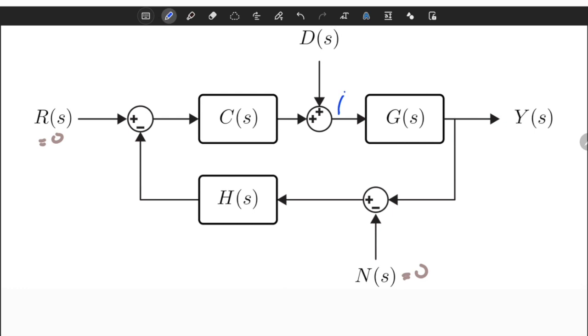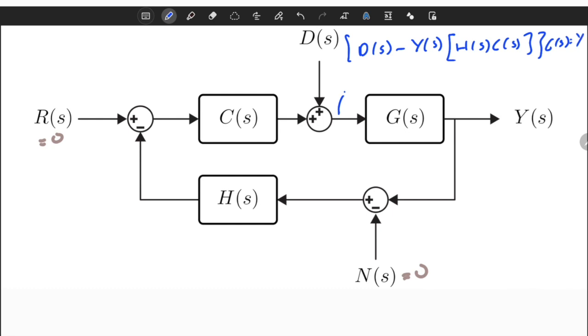The signal is equal to D of S plus, and this minus is important, minus Y of S times H of S times C of S. If I multiply this signal with G of S, I obtain Y of S.